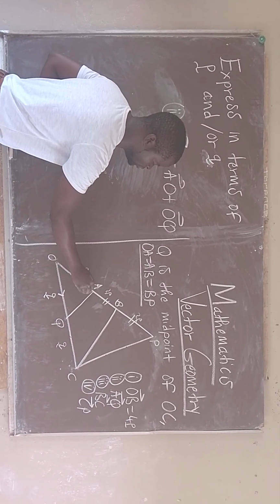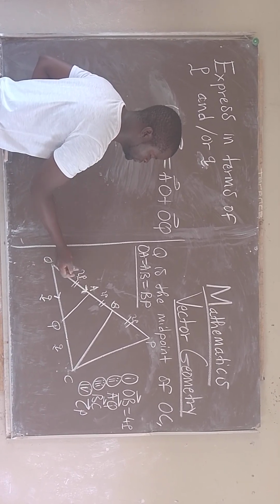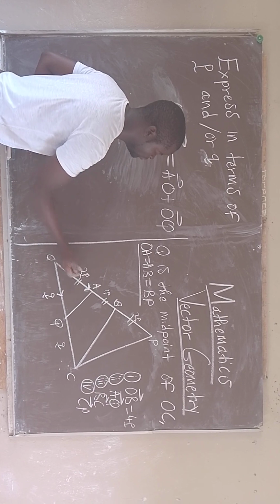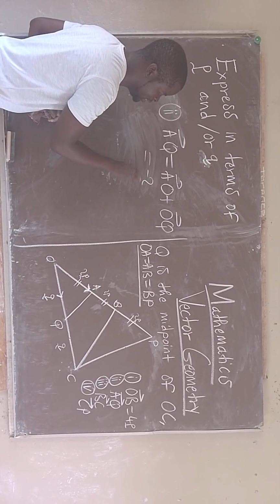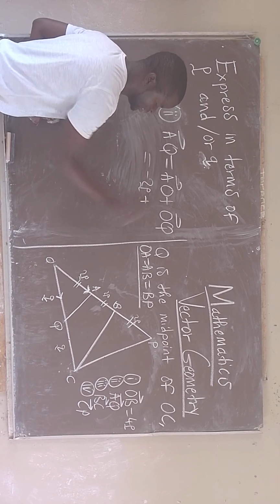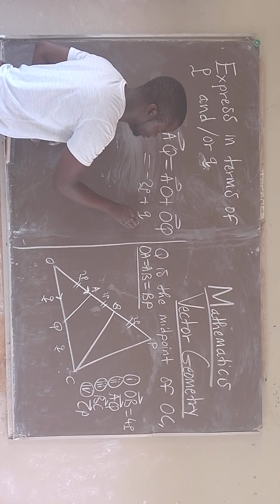And we are going against the direction here. This positive OA, which is vector 2P, will be affected by a negative, expressing it as negative 2P plus OQ, where there is vector Q, which is a positive vector.